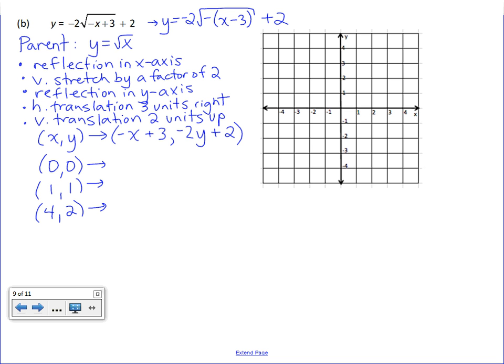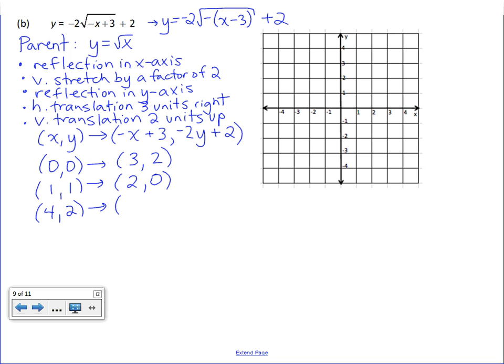Okay, so I'm plugging in (0, 0). It's our favorite thing to plug in. What's the result when you substitute in 0 for x and 0 for y? The point (3, 2). (1, 1): the x value is going to become 2, and the y value is going to become 0.